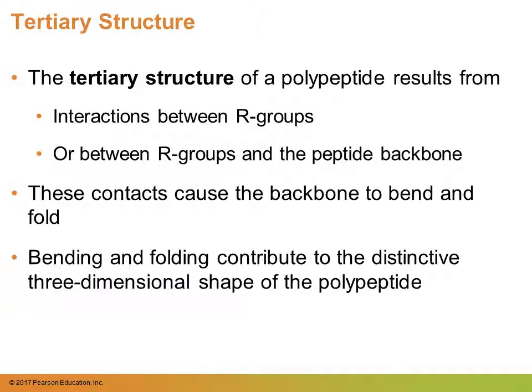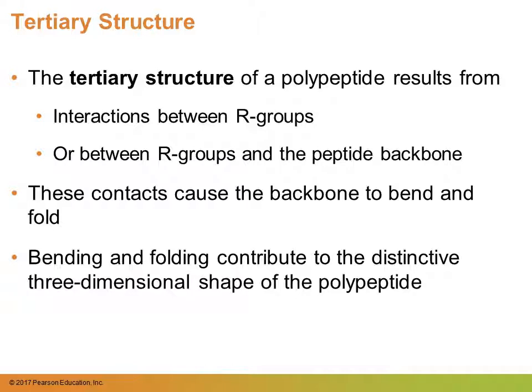The tertiary structure. The tertiary structure of a polypeptide results from interactions between R groups. So basically what's happening here is that other types of bonds are being formed besides hydrogen bonds. And so now you see that there's really this complex three-dimensional shape that is forming, and they're held together by different types of bonds.